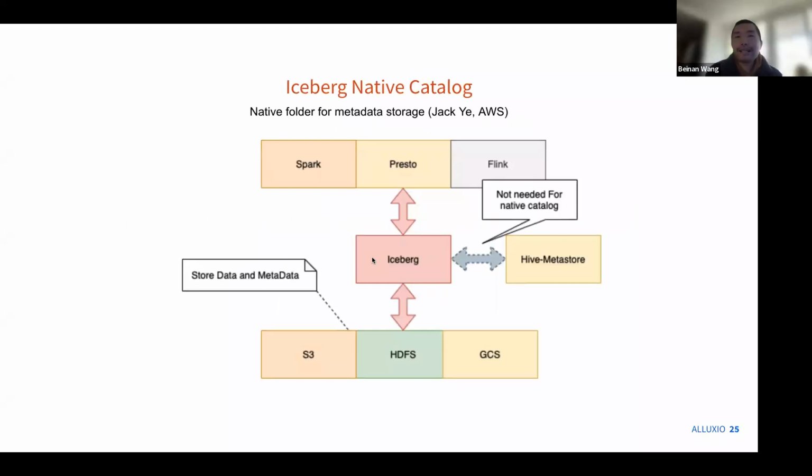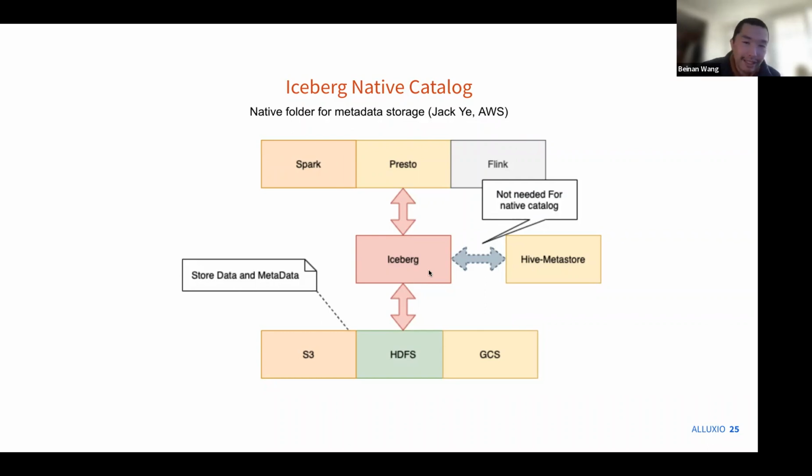Okay, for this one, the Iceberg native catalog is from Jack. He's working for AWS. Actually, we already support what we call the Hive catalog in the Iceberg connector. So in this one, it depends on a Hive metastore.